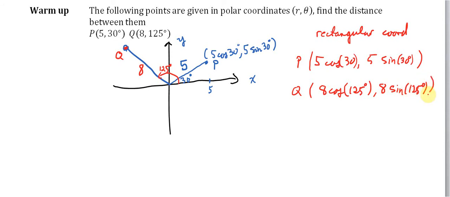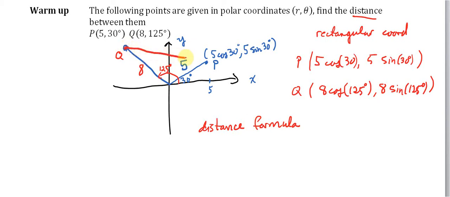All right. And then if we want to find the distance between them, we can use what we know is the distance formula. And I want to say that the distance formula is nothing more than the Pythagorean theorem.